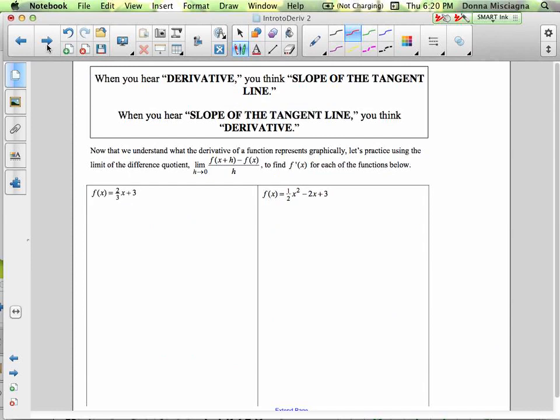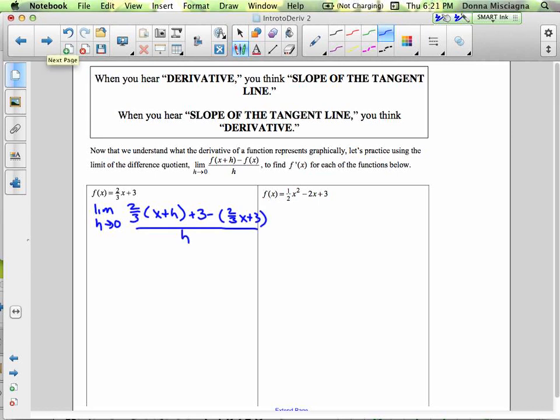All right, so let's find a couple. And we're going to use the limit definition of the derivative on these. All right? So we've got the limit as h approaches 0 of 2/3 (x plus h) plus 3, and then we're subtracting 2/3 x plus 3, all over h.